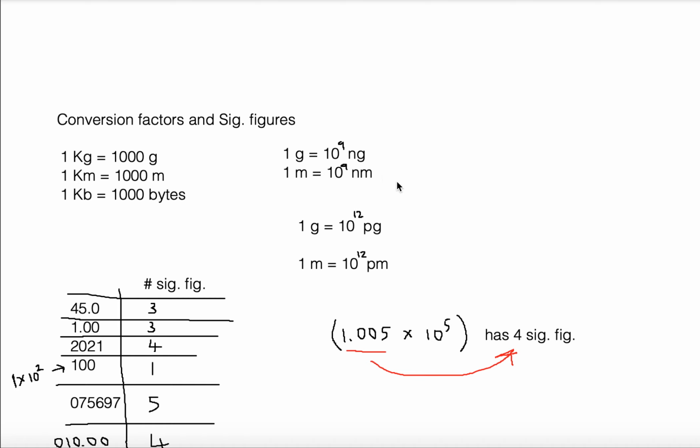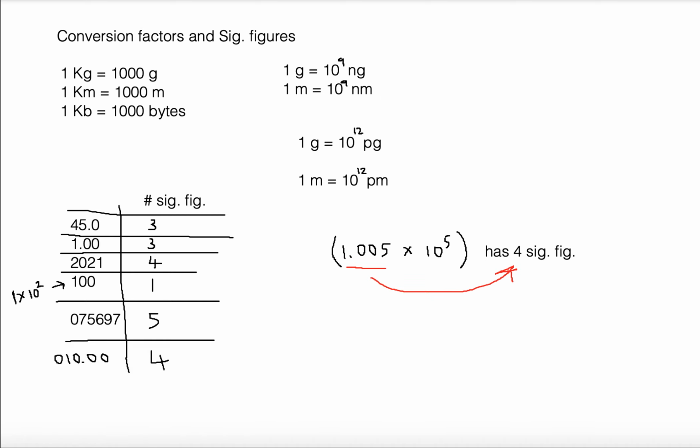This is the way to write the conversions. 1 gram equals 10 to the positive 12 picograms, and 1 meter equals 10 to the 12 picometers.